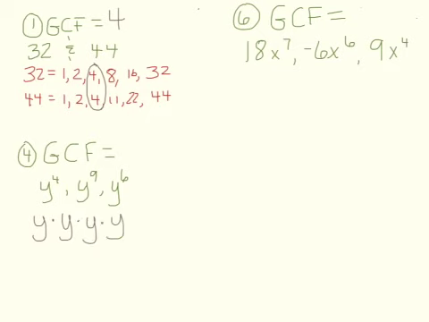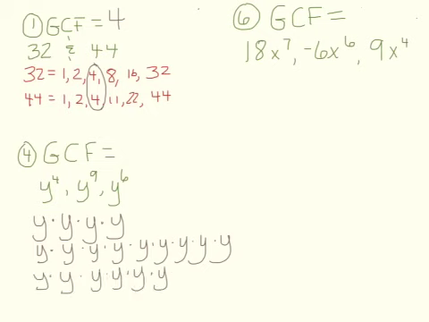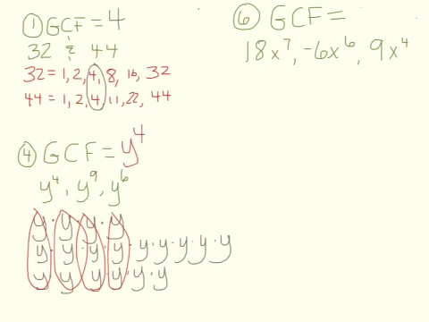Y to the 9th would be 9 of those y's. And y to the 6th would be 6 y's multiplied together. So what these three have in common are 4 y's, which we'll write as y to the 4th. So that's the largest number of y's that will go into all three of them. So the greatest common factor is y to the 4th.